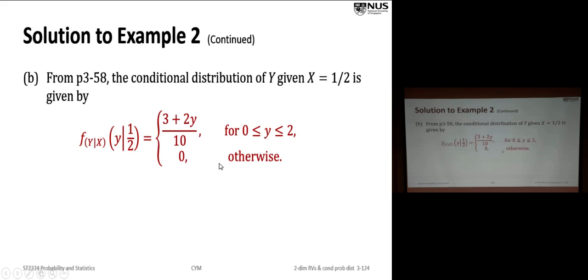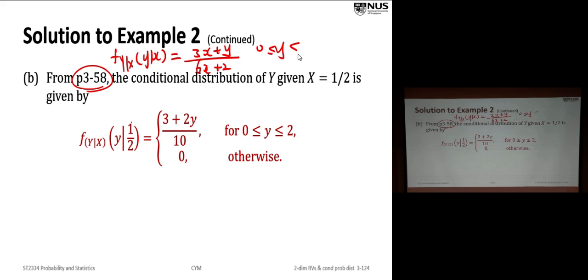All right. How about the conditional distribution? We have already worked it out on page 358. I think the expression that we have for the conditional distribution of f of y given x is 3x plus y over 6x plus 2, for y between 0 and 2, and x has to be between 0 and 1, I think.